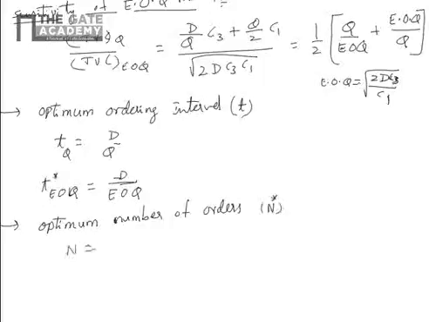So N generally equals Q by D. Oh, small correction. So optimum ordering interval is Q by D. It is reverse.